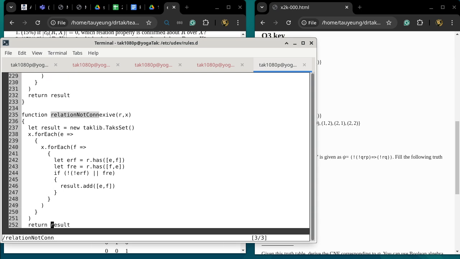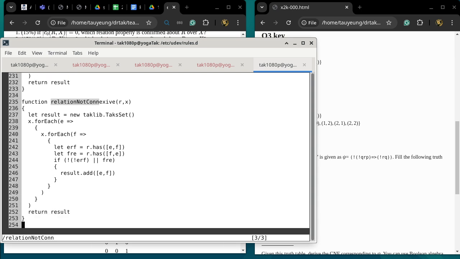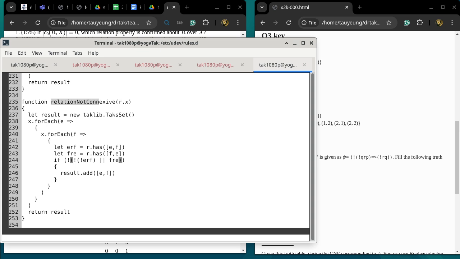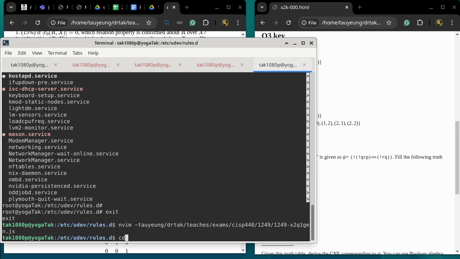So this is the function that I used in this particular case. And what I did was I forgot about the outer negation. So I'm supposed to have one negation to negate the entire thing, and I forgot to specify that. So now that the script is corrected, let's go ahead and run it.